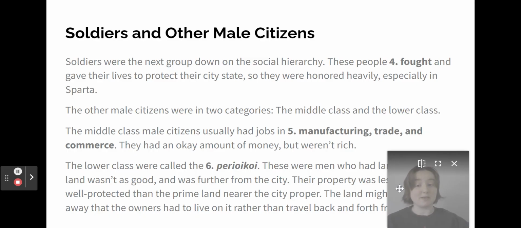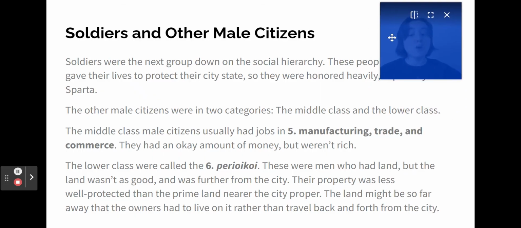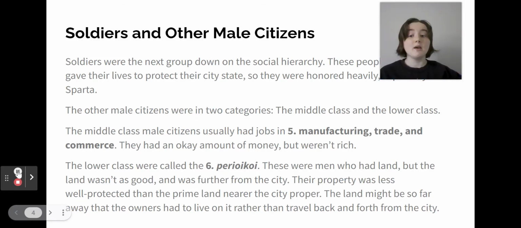The middle class male citizens usually had jobs in manufacturing, trade, and commerce. They had an okay amount of money, but they weren't rich. The lower class were called the periakoi. These were the men who had land, but the land wasn't as good and it was farther away from the city. Their property was less well protected than the prime land near the city proper.